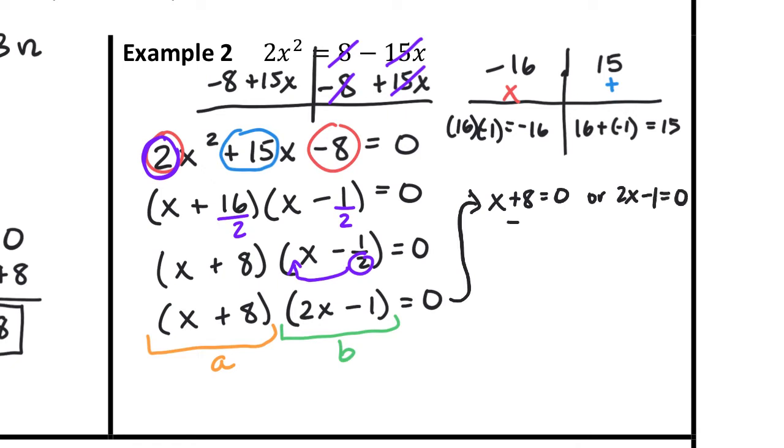And so here we subtract 8, x equals negative 8. And over here we add 1.